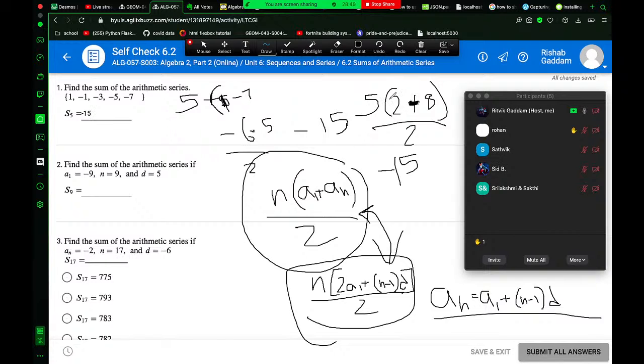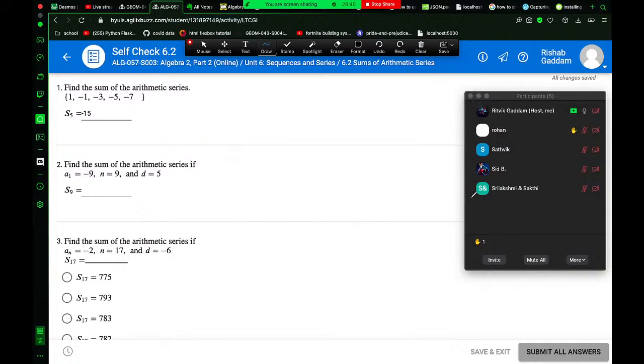So yeah, that's why even though this is longer, it's easier to remember. If you remember that one, the other one that I showed over here. So yeah, let's move on to number 2.